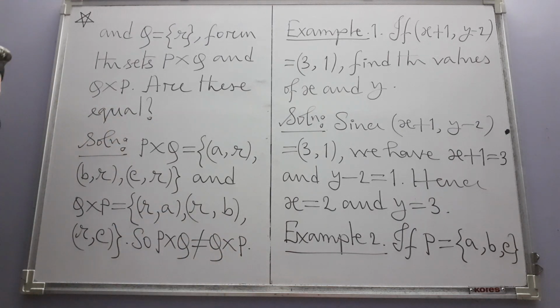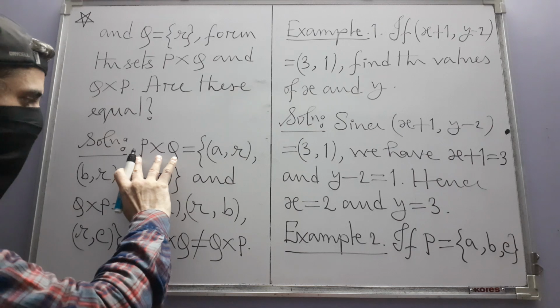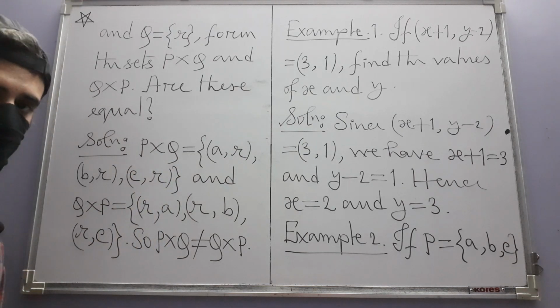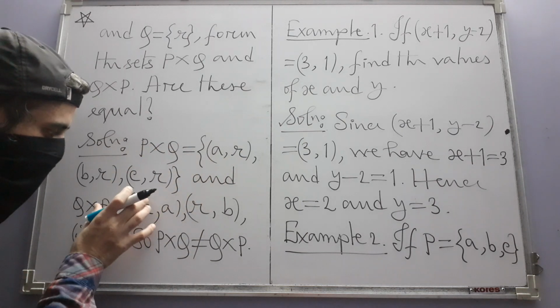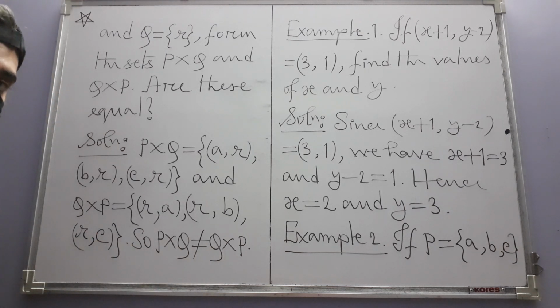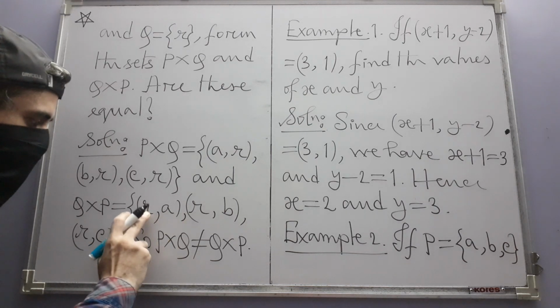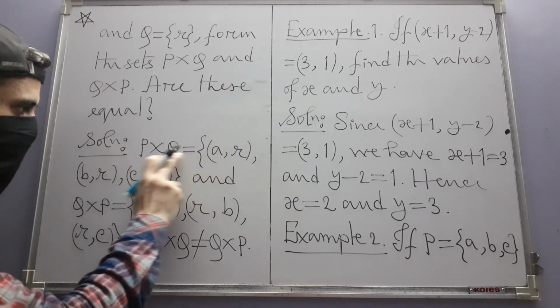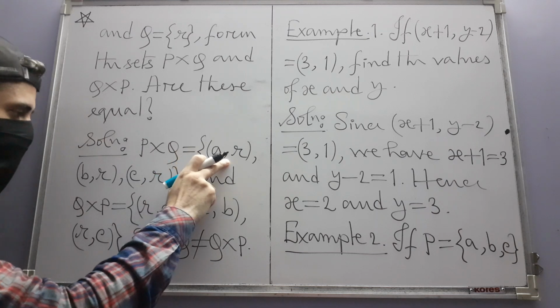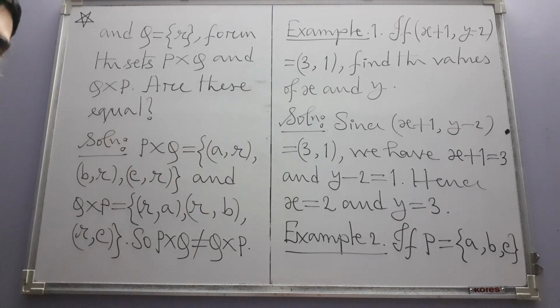Because the elements, although they are ordered pairs, and in spite of the fact that the same number of elements are there, this one also has 3 elements and this one also has 3 elements, they are still not the same set. For example, this ordered pair (R, A) is absent in this set. No ordered pair here in P times Q has its first coordinate R.